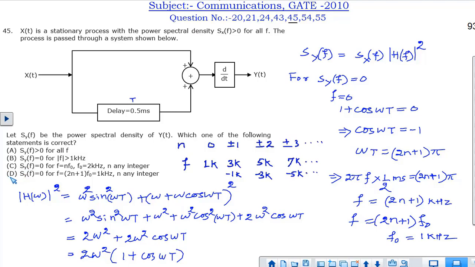Coming to option D, it is given that Sy of f equals 0 for frequency f equal to (2n plus 1) f naught, where f naught is equal to 1 kilohertz and n is any integer. So option D matches our result. So option D is the correct answer for question number 45.